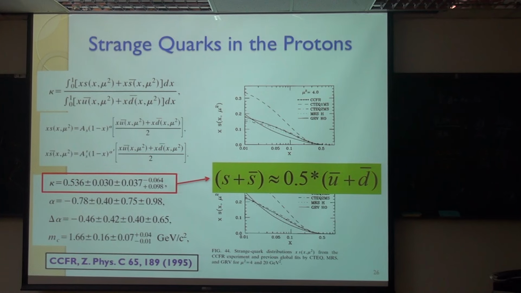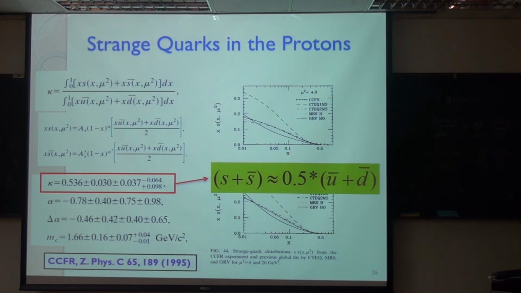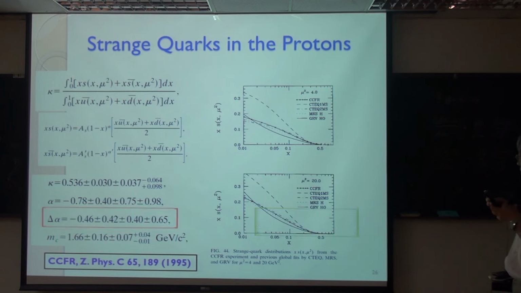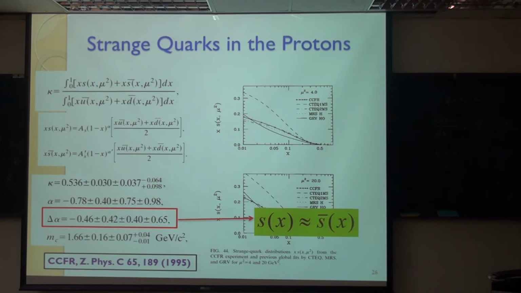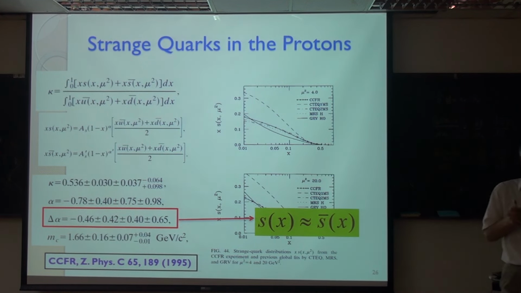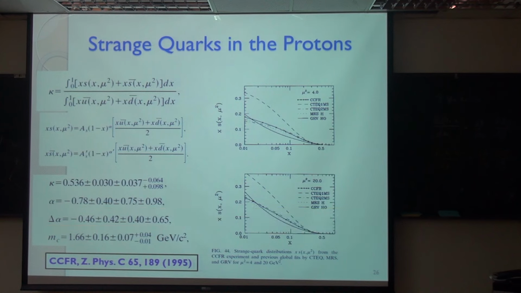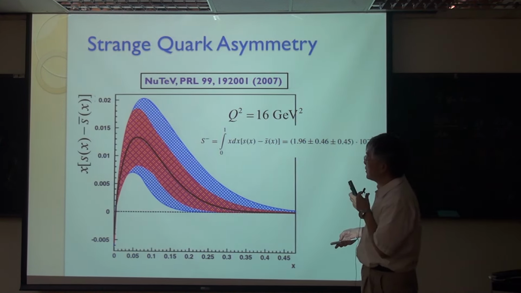Okay, so the story known so far is roughly this: the overall s and s bar content is about 1/2, because the s quark mass is heavier. So the s and s bar content is only 1/2 of the u bar and d bar. And up to now, for u bar and d bar there is an asymmetry, as I told you. But for s and s bar, experimentally there is no very firm evidence.